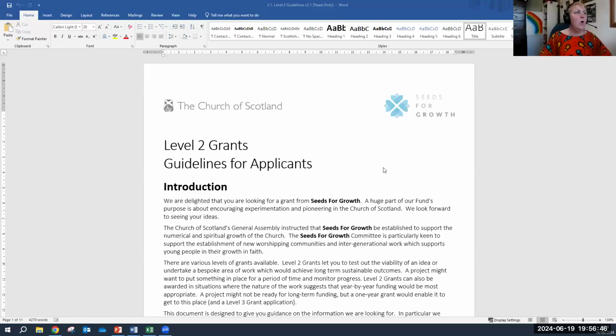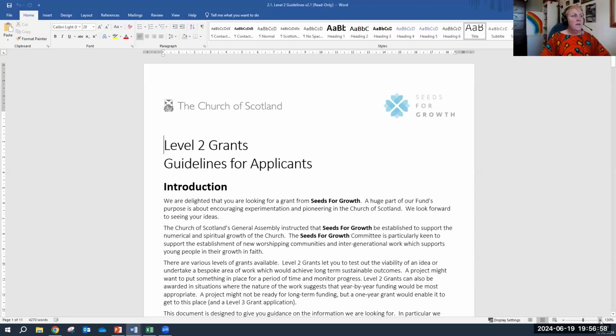So I am talking about the guidelines, but I'm not saying anything more than what's on the pieces of paper, this is what I'm working through at the moment. Can you see that, David? Is that up on the screen? Yes, that's there. Thank you.